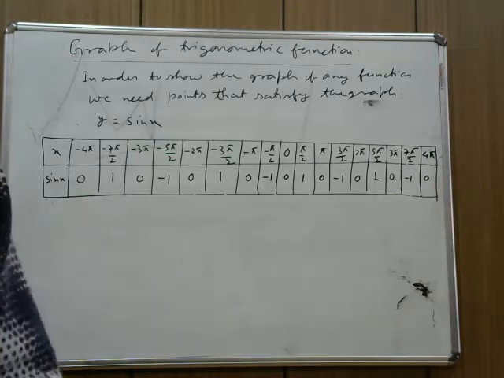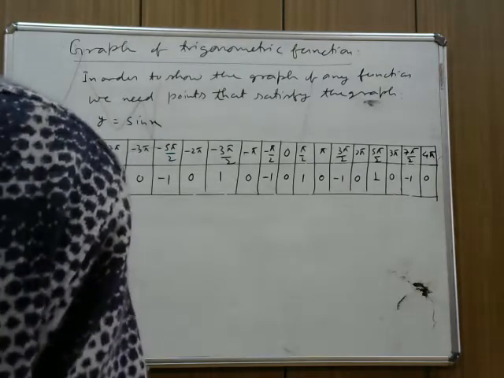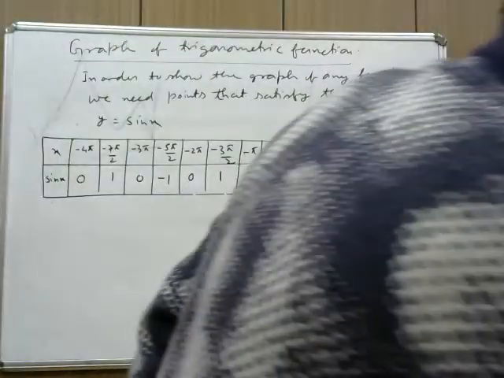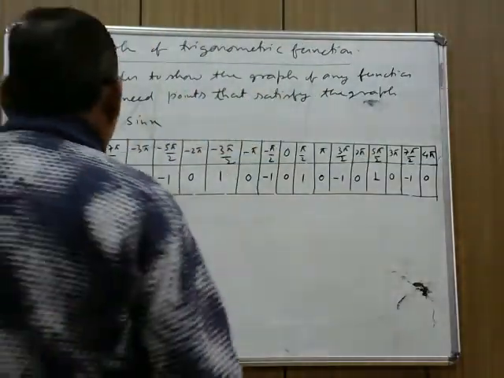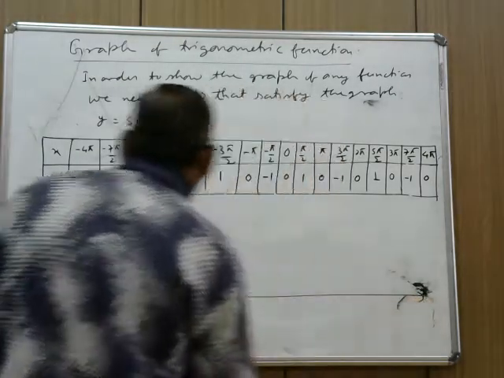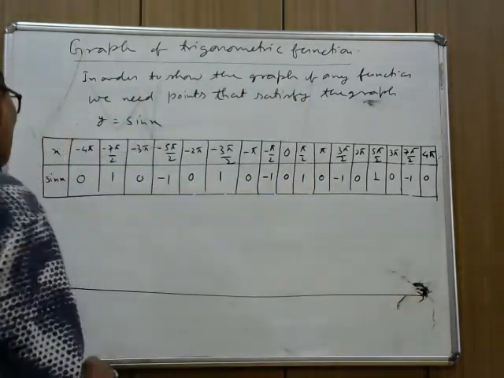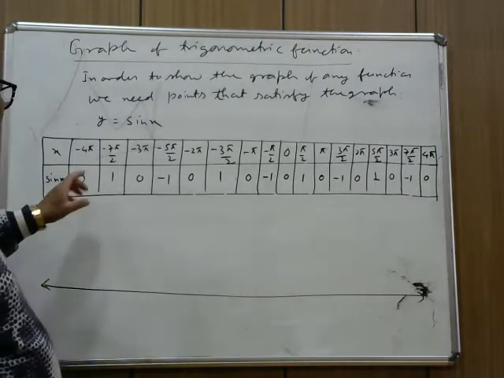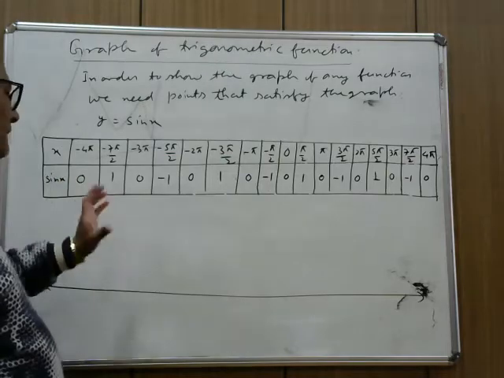So now you see its graph. You have observed that for the graph of sin x, the value of sin x varies between minus 1 and plus 1.